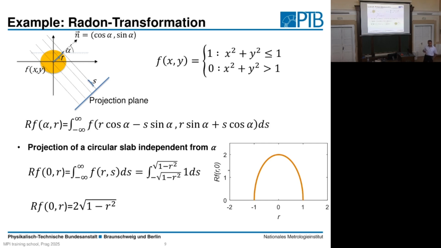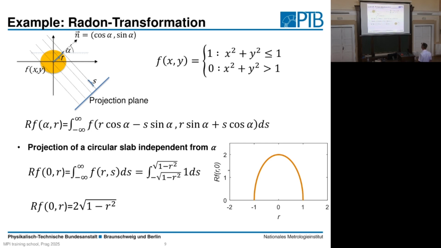Okay, a very simple example, because the integration is in most cases not so simple. I have a circular slab here. It's defined by the circle equation x squared plus y squared equals the radius squared. And inside this radius, the density is 1, and outside 0.